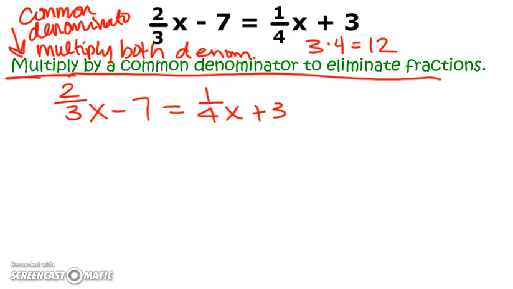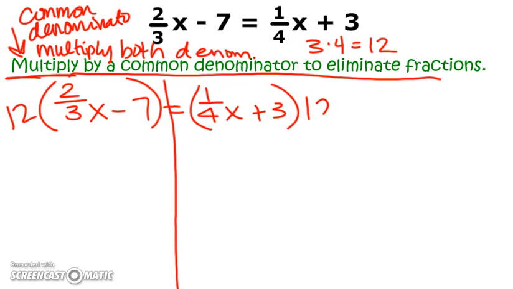And what you're going to do is draw your line, like we do every single time, and you are going to multiply by 12 on this side and by 12 on that side. Because remember, whatever you do to one side, you have to do it to the other. So now you're going to distribute 12 times 2.